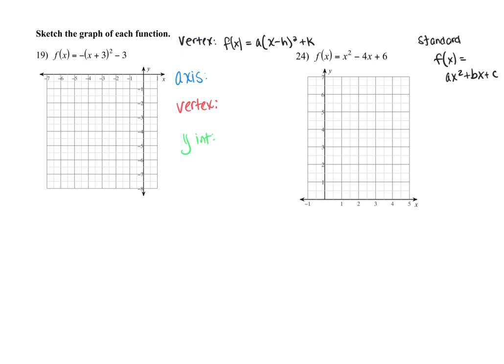All right? So there's a different way to find these particular things depending on what form you have. For vertex form, the axis of symmetry is just x equals h. For standard form, the axis of symmetry is x equals negative b over 2a.